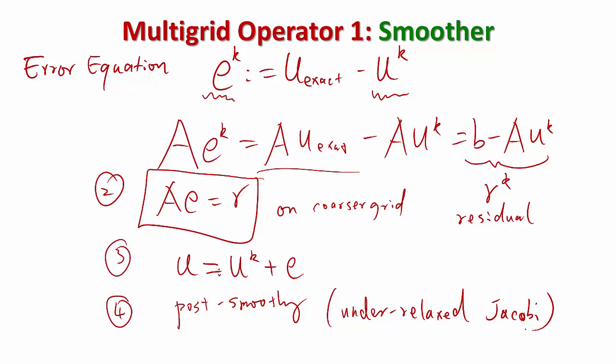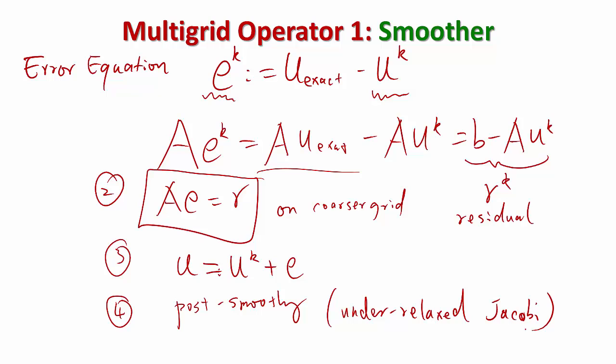Yes? Why are we using a coarse grid? Why do I use a coarse grid? What do you think? Yes? Computational efficiency. Computational efficiency, right. It turns out that's one thing. Each iteration is cheaper. And there is another aspect of why I use a coarse grid. The convergence itself is actually faster.